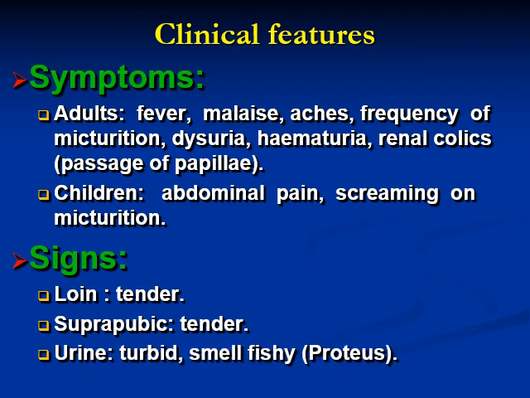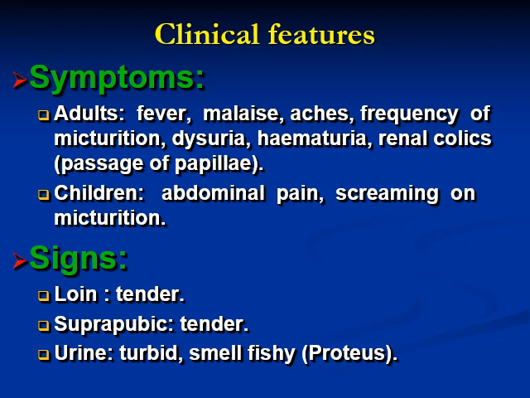The symptoms in a case of an acute pyelonephritis differ according to the age. So in adults, there are constitutional symptoms in the form of a fever, malaise, body aches, muscles and joints. Locally, there is more frequent emptying of the urinary bladder.